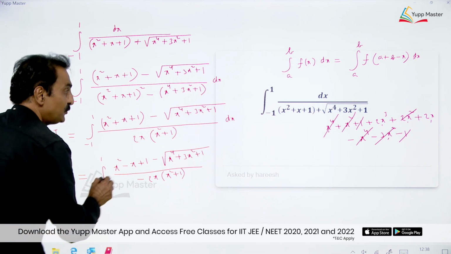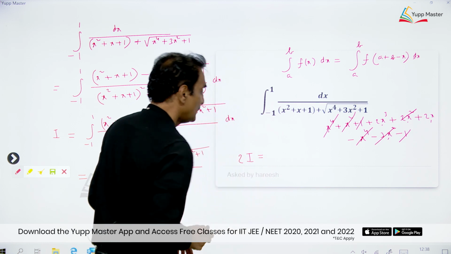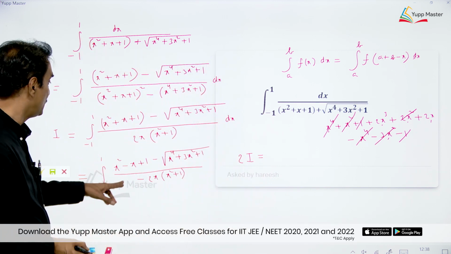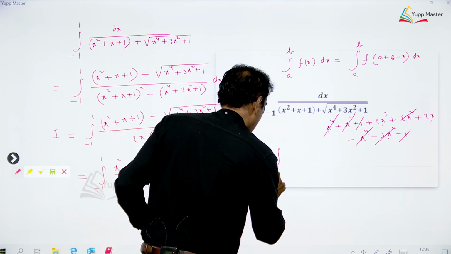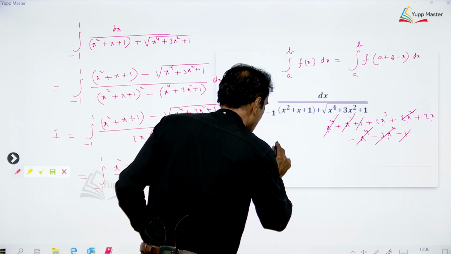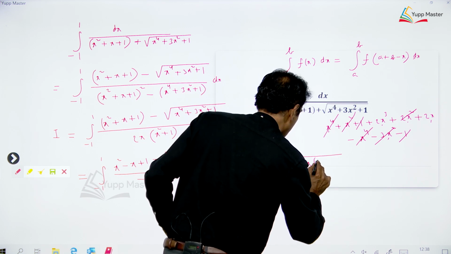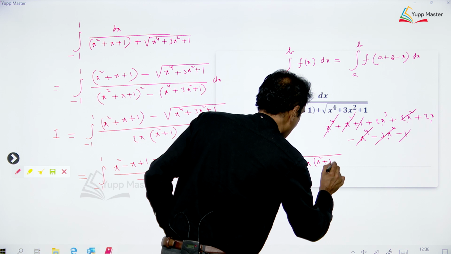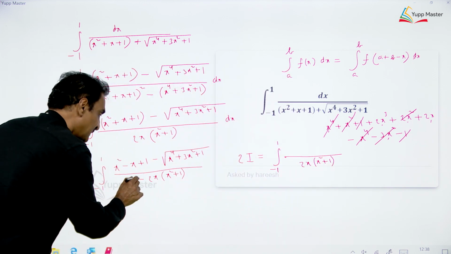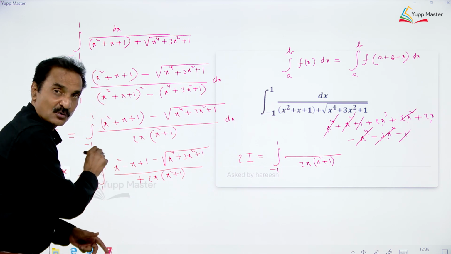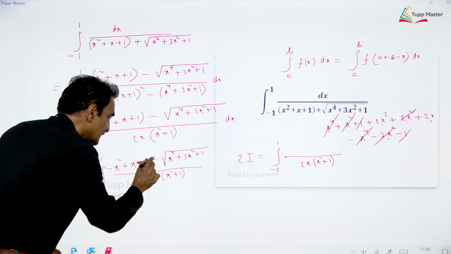Observe, 2I is equal to integral minus 1 to 1, write 2x into x square plus 1 as the denominator, and you take this minus sign into the numerator.